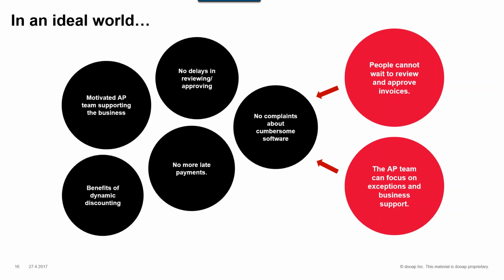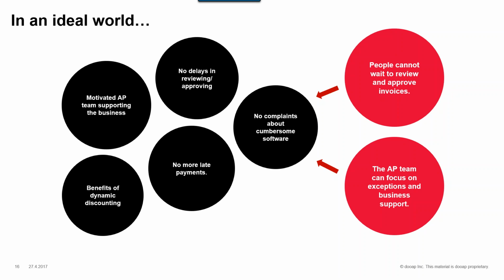To conclude my part, I'd like to leave you all with this image of an ideal world. In an ideal world, there are no more late payments, and companies can enjoy the benefits of dynamic discounting to the fullest. There are no more delays in reviewing and approving invoices, and no complaints about clunky corporate software.